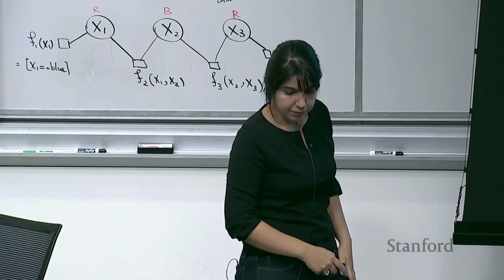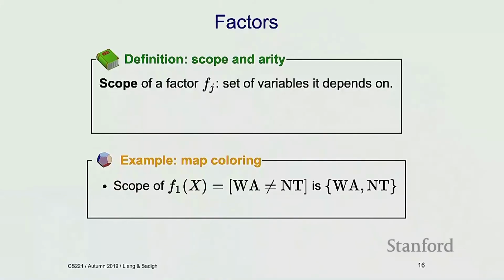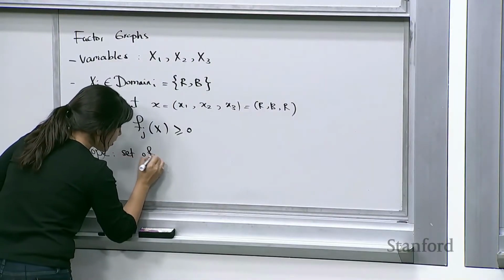All right. So this is a factor graph. Let's define a few more things just so we have a common language to talk about things. So we're going to define a scope. The scope of a factor is the set of variables it depends on. So it's really simple.